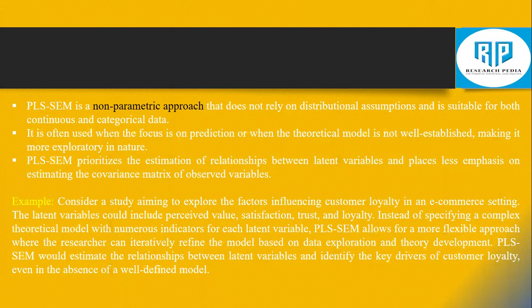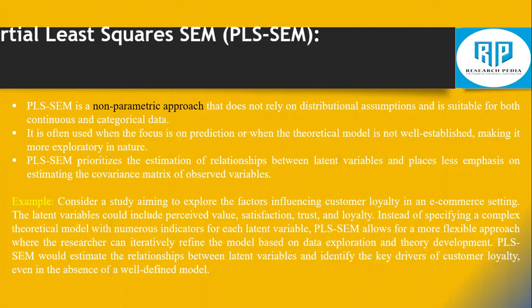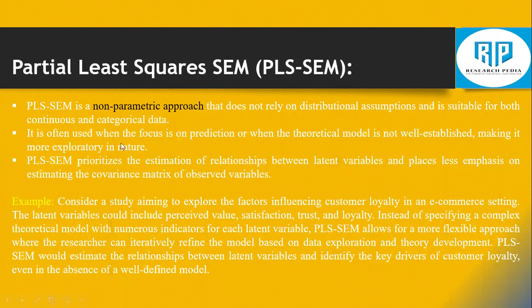You can use the PLS SEM approach. It is often used when the focus is on prediction or when the theoretical model is not well established, making it more exploratory in nature. So you should use the partial least square method when you have a smaller sample size.